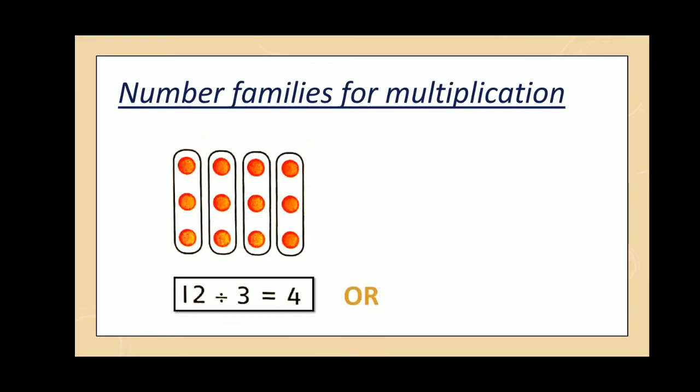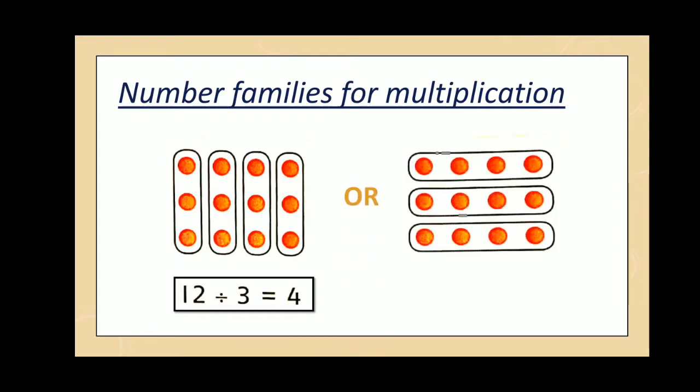On the other hand, 12 balls divided horizontally by 4, you can write 12 divided by 4 is equal to 3. 3, 4 and 12 are members of number families for multiplication, and it proves that division is the opposite of multiplication.